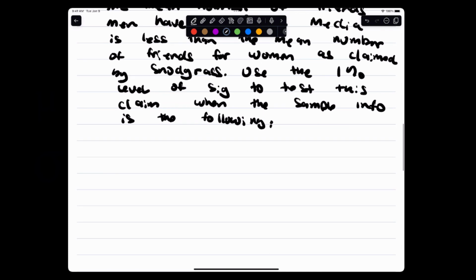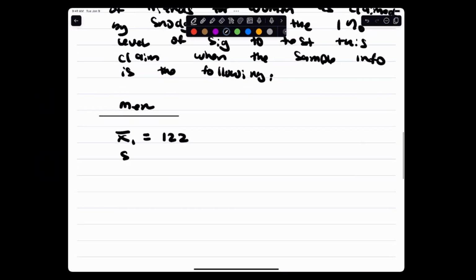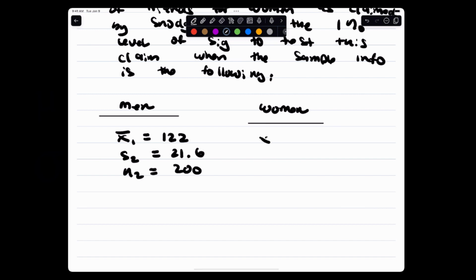Okay, so we're going to take two groups again. The men, let's see, they have a mean number of friends on social media to be maybe, I don't know, 122. Standard deviation will be 21.6, 200 sample size. For women, we're going to say the sample mean for women is 138 with a 36.1 standard deviation, and that sample size is 180. Okay?